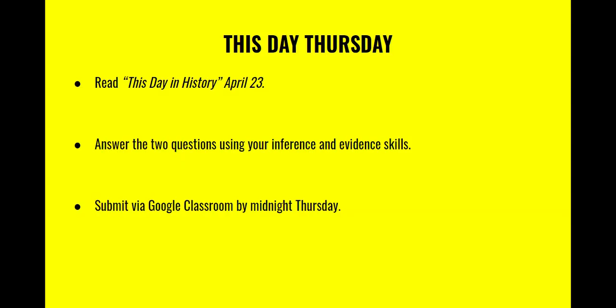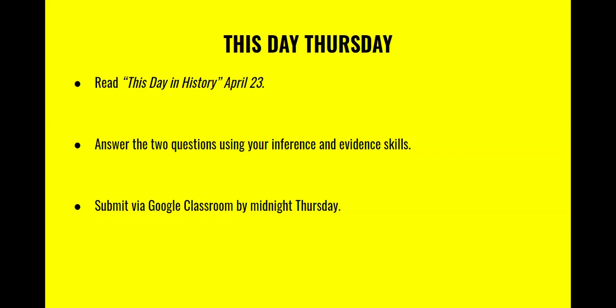All right, so first thing, This Day in History, April 23rd. You are going to read about the event, and then you are going to answer the two questions at the bottom of the event's reading using your inference and evidence skills. So you're going to try and figure out, one, what year did this event occur?